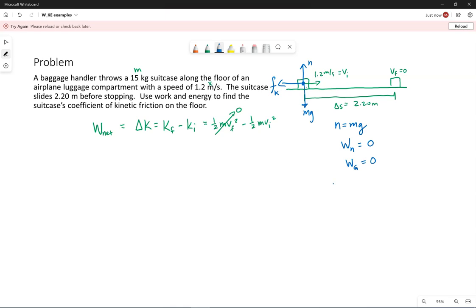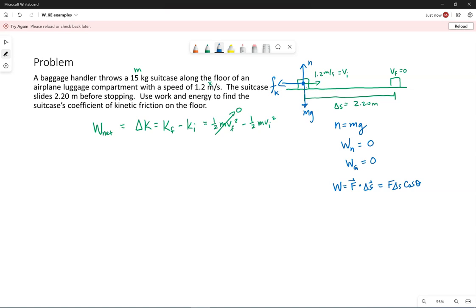And that's because work is force dotted with displacement. We don't have to integrate because these forces are constant. The dot product means we only care about the components of the force that are parallel with the displacement. We could write this generically as the force times delta s times the cosine of theta.